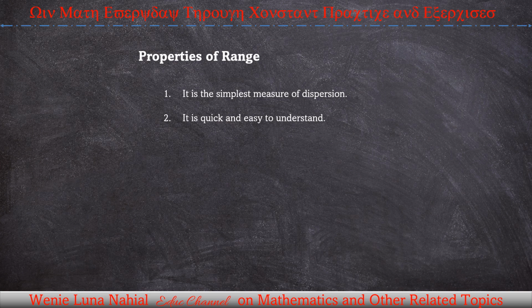If the range is too high, we could understand that the scores, the observations, are widely spread. It is a rough estimation of variation. It is easily affected by the extreme scores, of course.